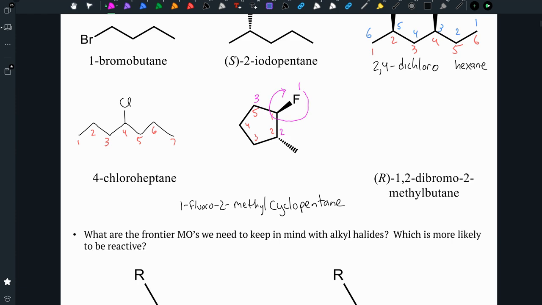Hydrogen is pointed back, so this is going to be R. So we would have 1R. And then carbon 2. There, the carbon with fluorine is going to be my highest priority. Carbon in the ring is going to be second highest priority. The methyl group will be third highest priority. There I'm going counterclockwise, but hydrogen's coming forward, so that is also going to be R. So 1R, 2R, 1-fluoro, 2-methyl cyclopentane.